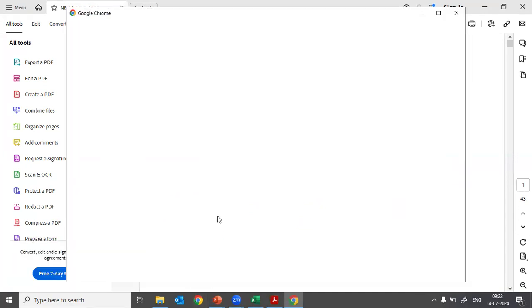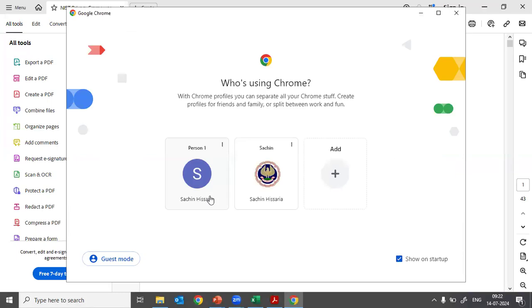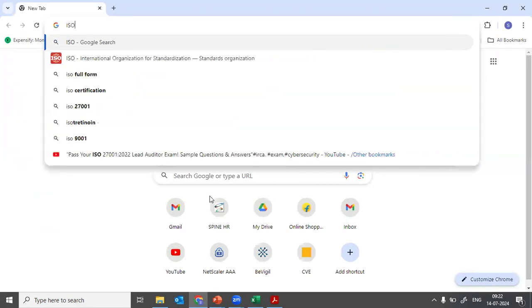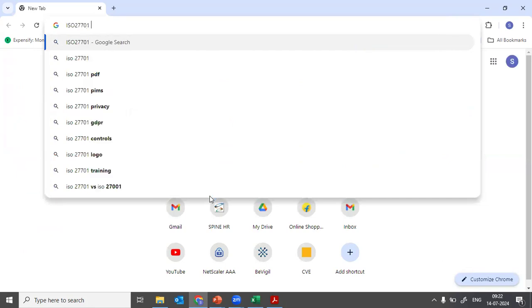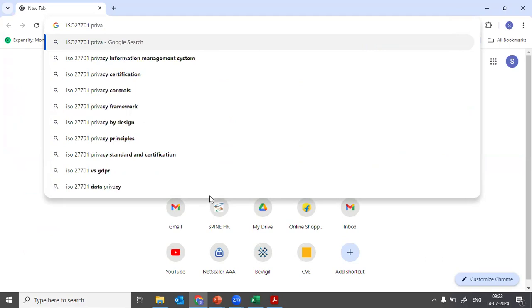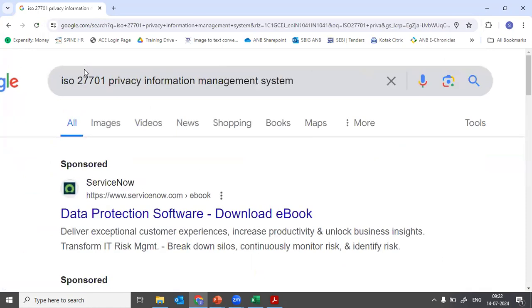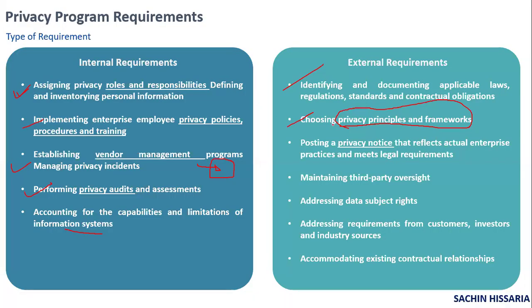So they need to do this exercise. Similarly, guys, there is an ISO standard which is also related to privacy. I believe it is ISO 27701, which is related to a privacy information management system. So this ISO standard is also there. As a part of this, the company needs to identify which privacy principles and frameworks they are adopting.